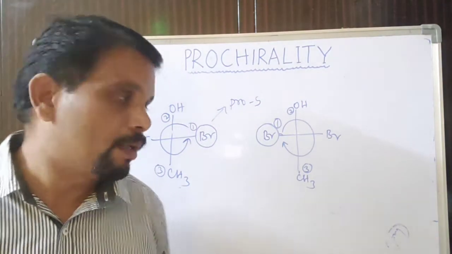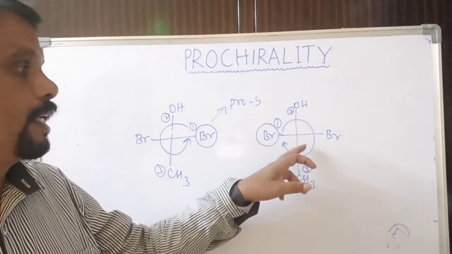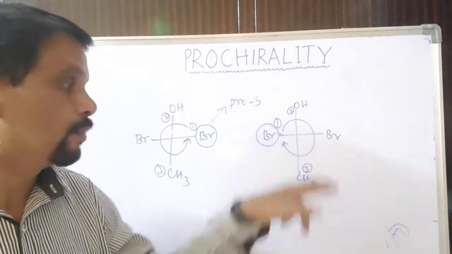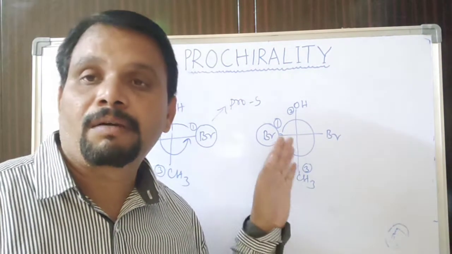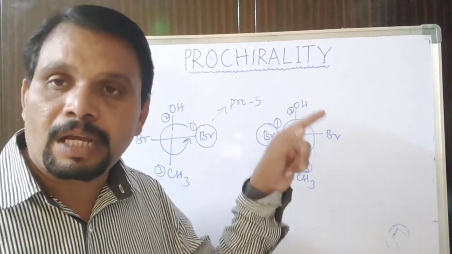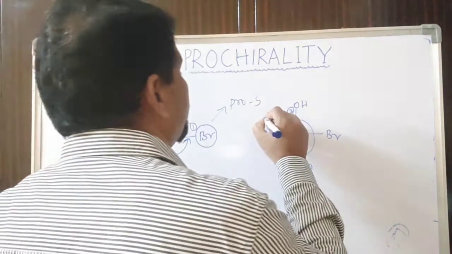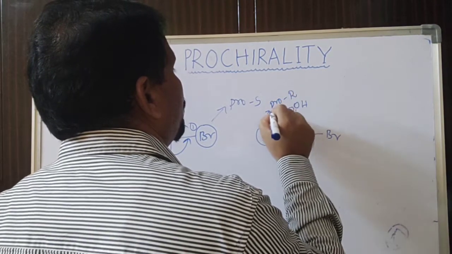If you draw an arrow connecting the priorities, this gets clockwise rotation. The least priority group is in the vertical line. If it is clockwise rotation, that stereoheterotopic unit gets pro R notation.